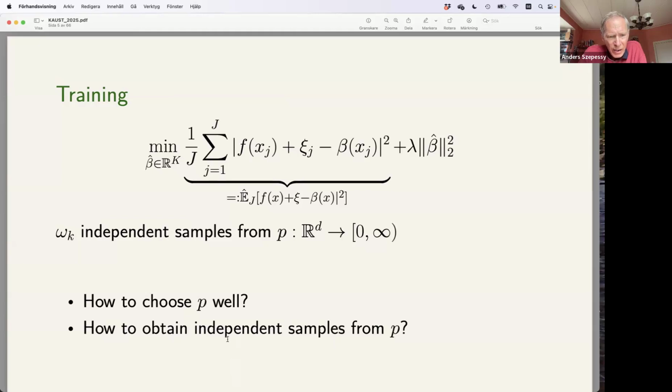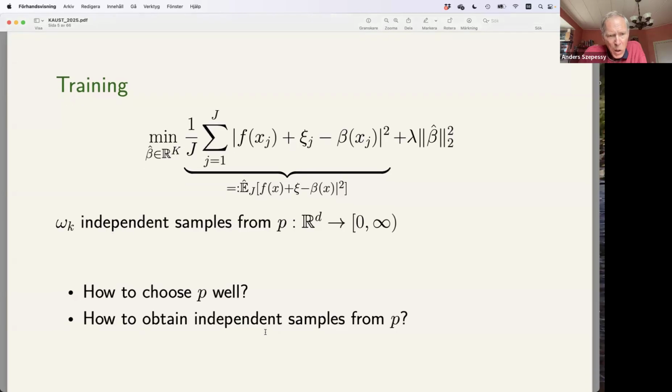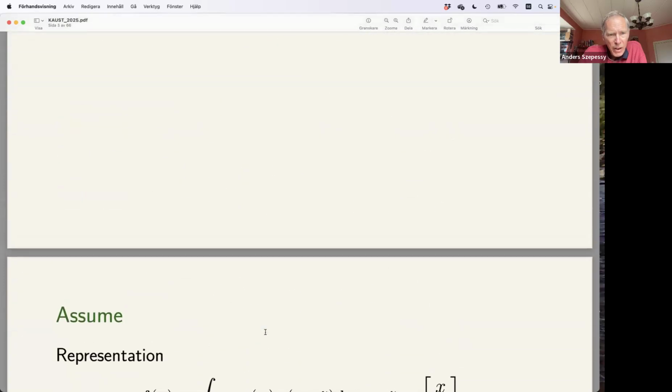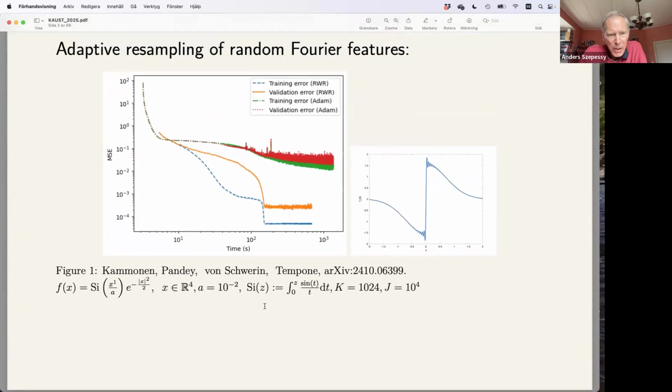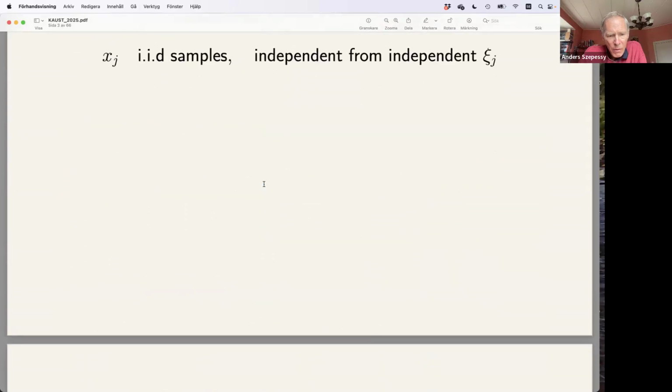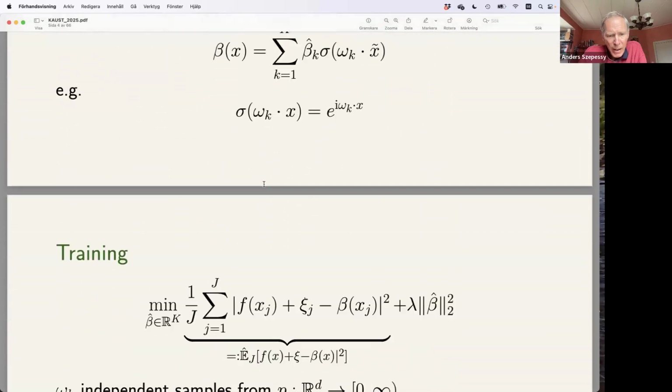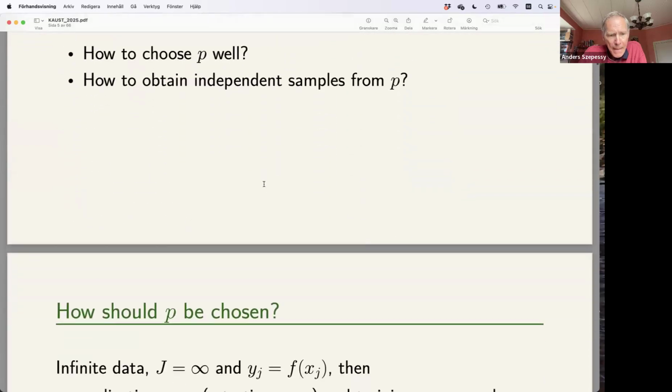And then the next step is, can we obtain independent samples from this density or an approximation of it? In a way, this is what resampling does and gives this curve. And we will try to explain why this happens here.